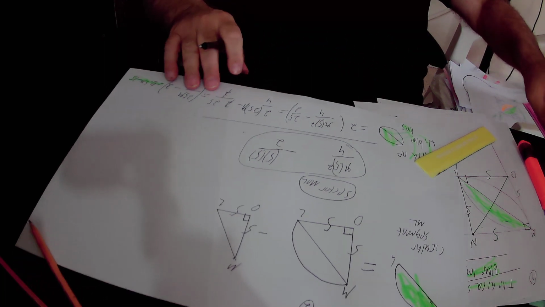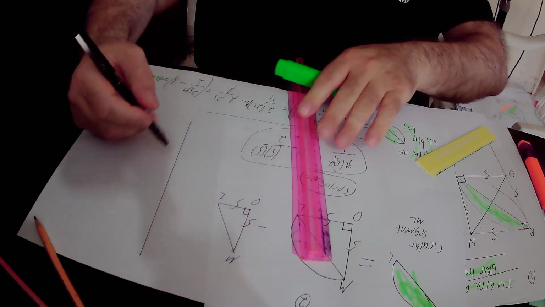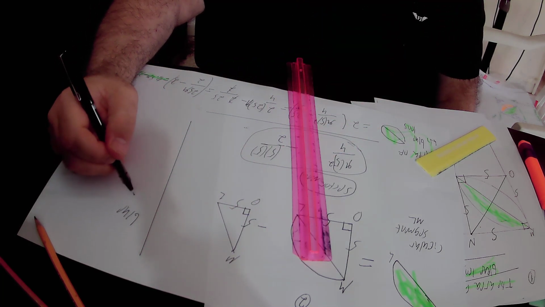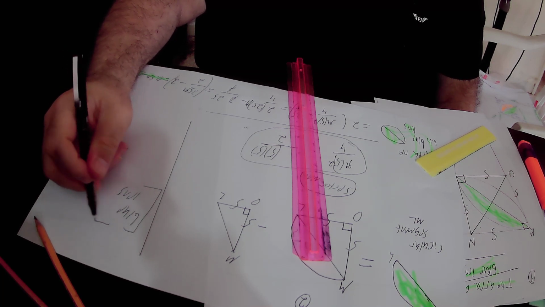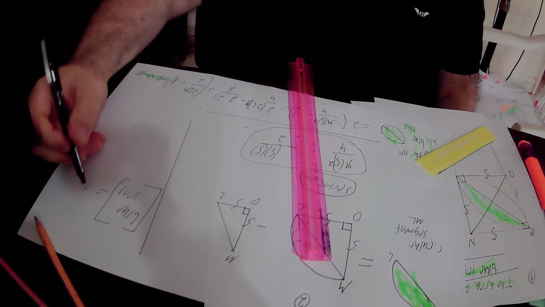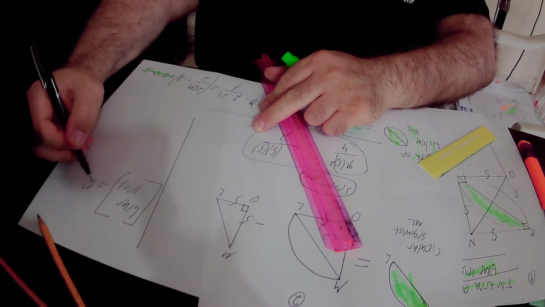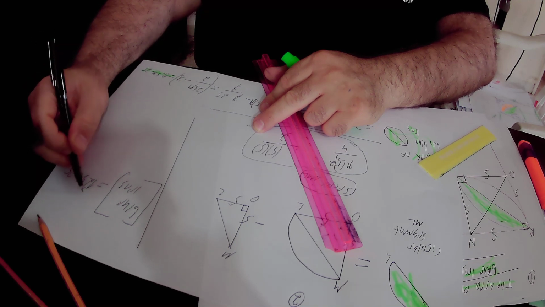So you can write here that the area of the blue lens equals 12.5 pi minus 25 square units.